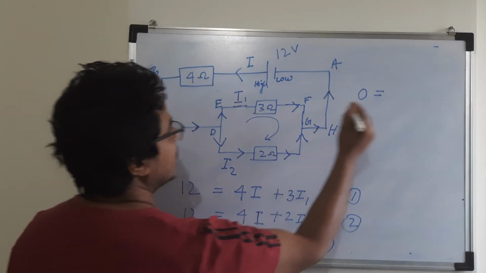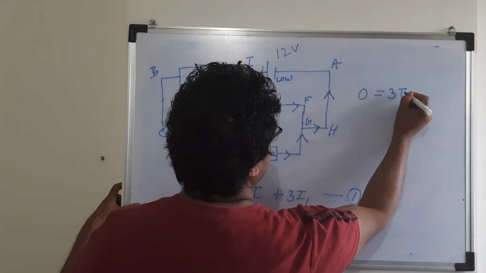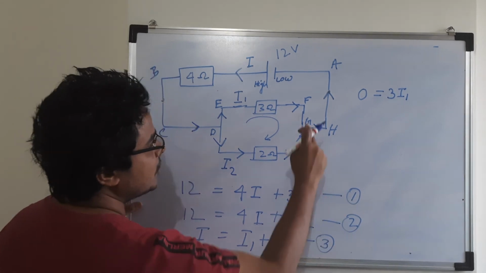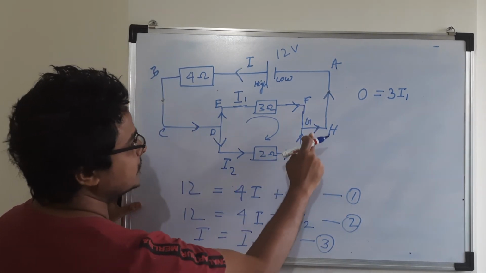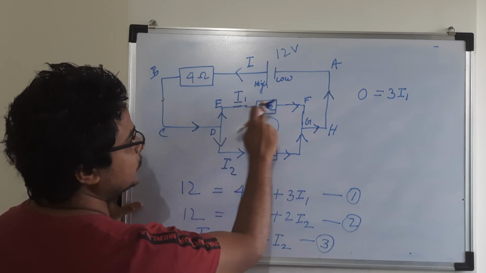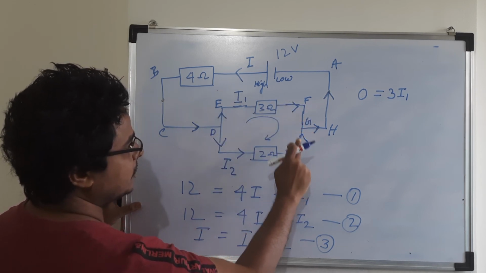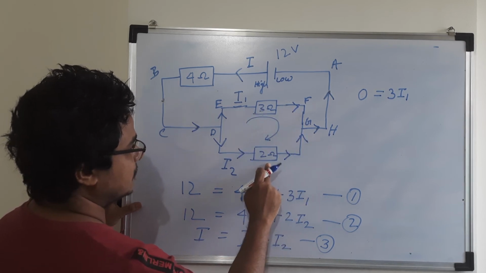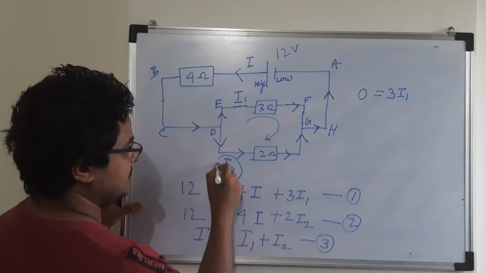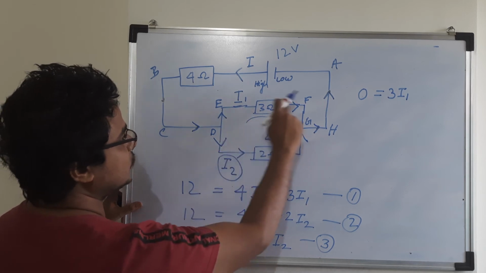So 3 times I1. Then from F, G and G to D, through this resistor, I2 amount of current is passing actually, for this loop.